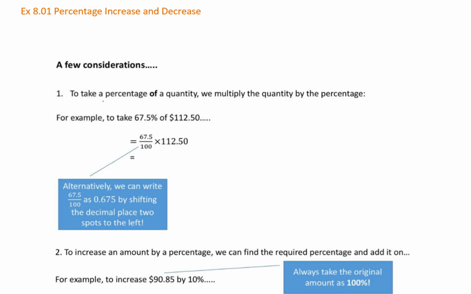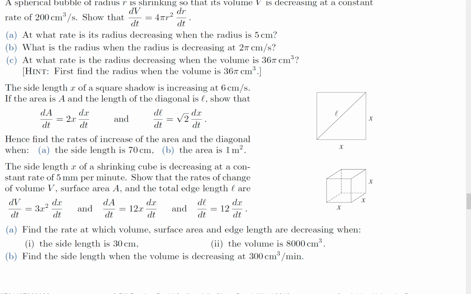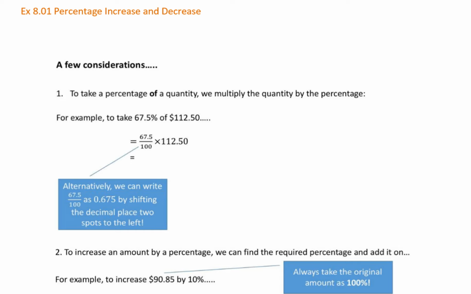Most of you know that if you got 90% in an exam, that means you get 90 out of 100. So 90% is 90 out of 100. And when you write your 90% as 90 over 100, you've obviously converted it to a fraction.